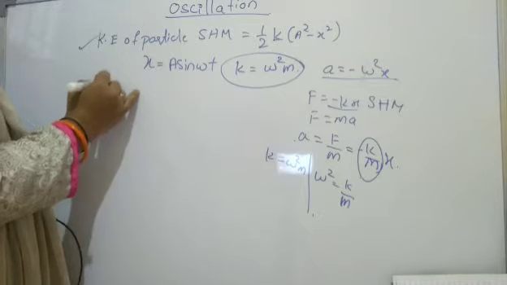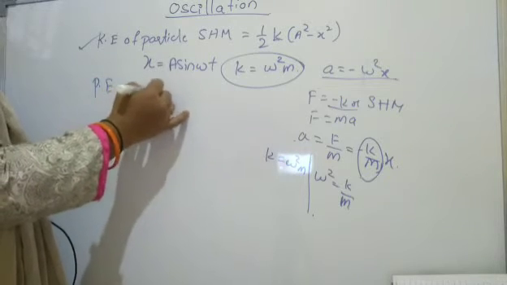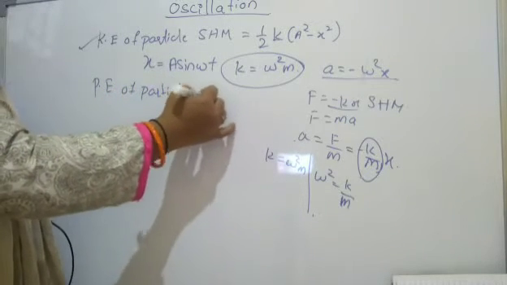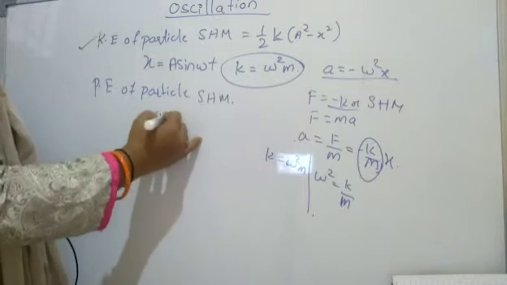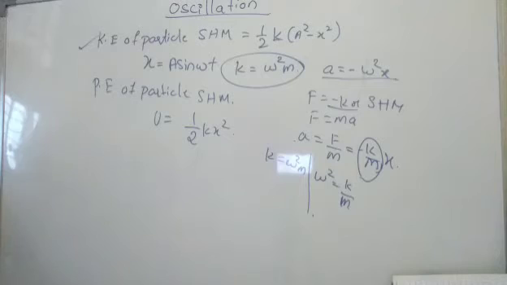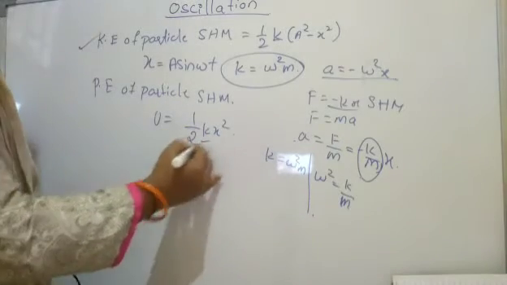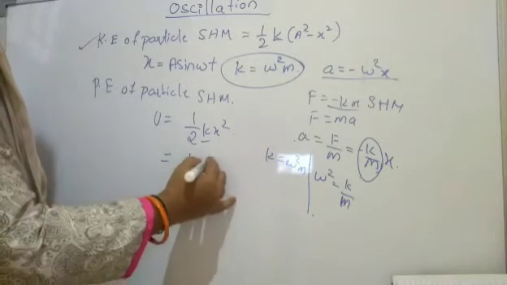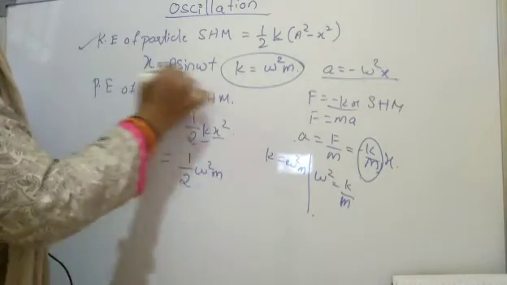And the potential energy of a particle in a simple harmonic motion is U is equal to half k x square, where k again is omega square m, x is the same.